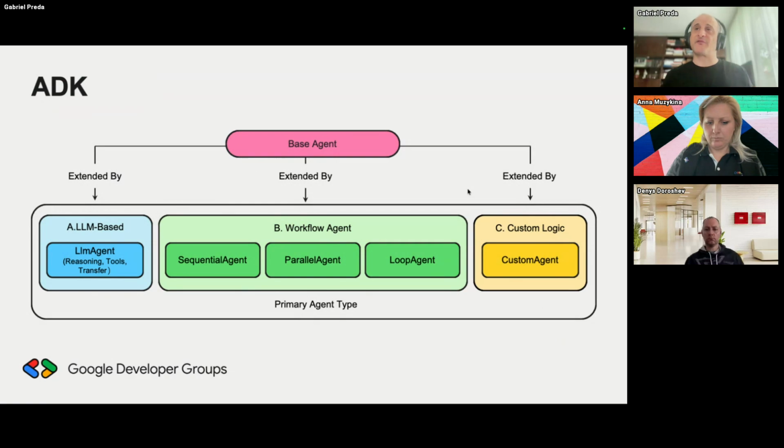The main two predefined are LLM agents, which are all about reasoning, tools, transferring data, and the workflow agent, which are modeling sequential, parallel, loop workflows. And you can assemble these various types of agents to model different workflows, to create agent orchestration.